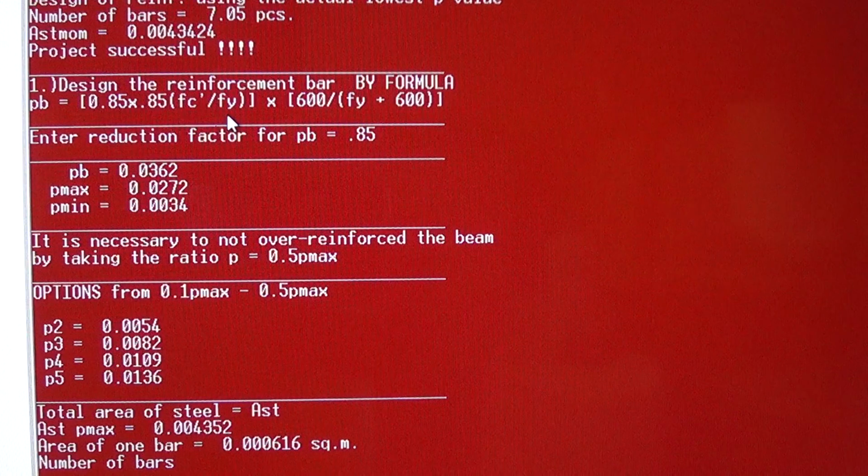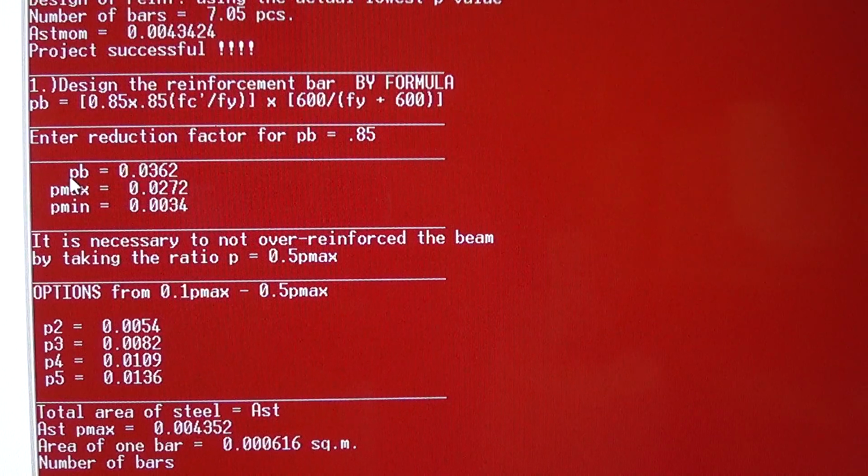The P here, using the theory, we found out it's 0.01357. If you round it up, it becomes like 6. Now by formula, the result is almost identical right here.